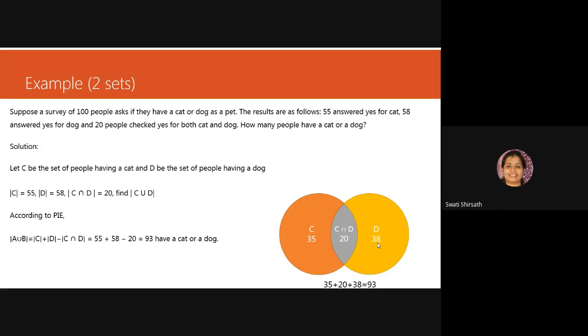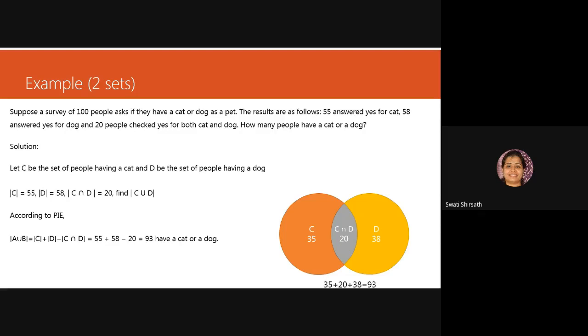And when you want to count all of this, because you want to find cat or dog value, cat or dog means union, and if you ask me the union of C and D, I'll consider the whole Venn diagram. So you have to add 35, 20 and 38 to calculate this number. Then you have cat or dog.